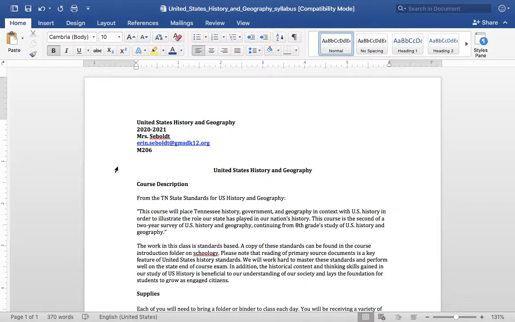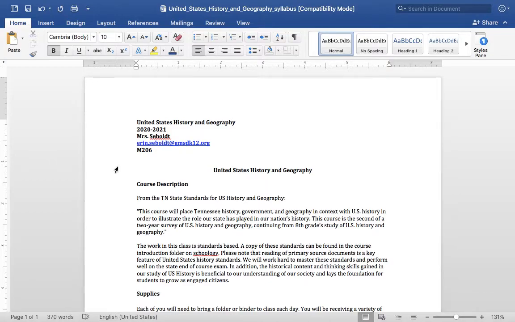Essentially, U.S. history and geography in 11th grade is designed to piggyback off of the U.S. history that you guys were taught in 8th grade, which I know there's a few years separation of those two grades, but the idea is that you're essentially learning through the Civil War in 8th grade, and then we are going to pick up where you left off and move essentially from Reconstruction forward, so post-Reconstruction, all the way up to contemporary U.S.